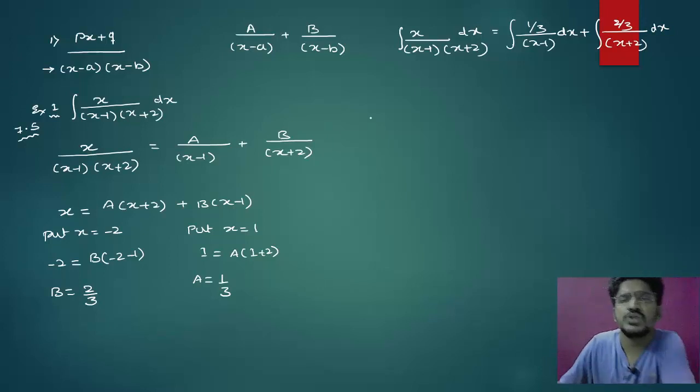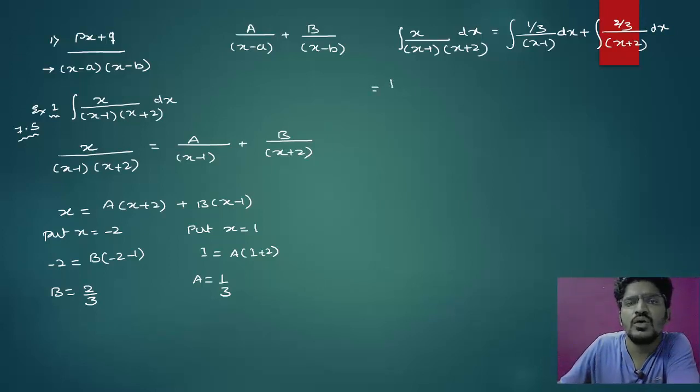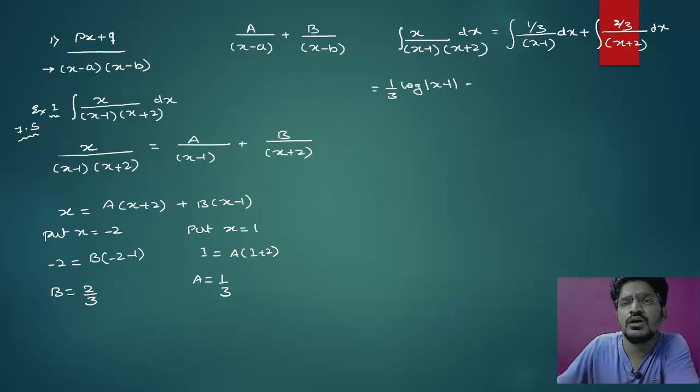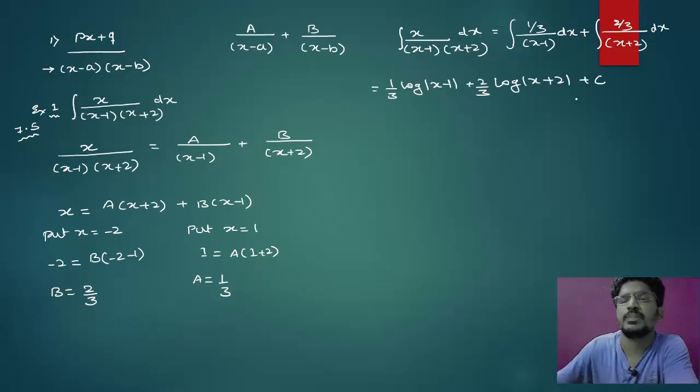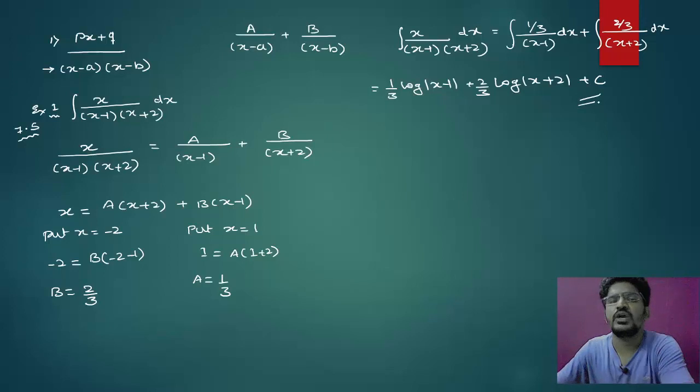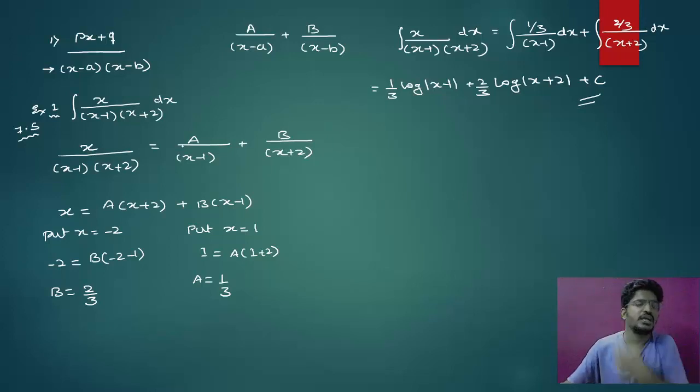Okay, so that will be equal to 1 by 3 log of mod of x minus 1 plus 2 by 3 log of mod of x plus 2 plus c. Okay, so this is going to be the answer for your integration of x divided by x minus 1 into x plus 2 with respect to dx.